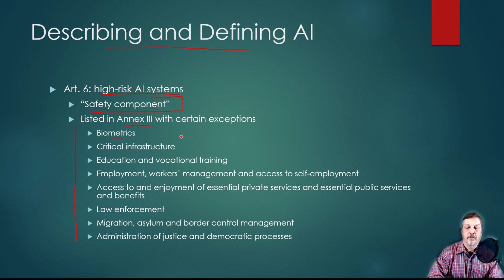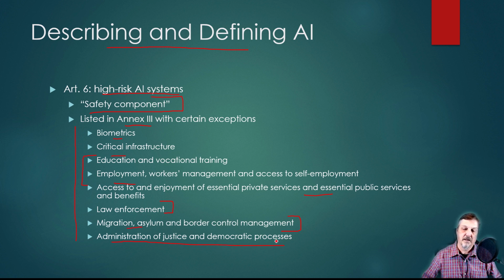Certain biometrics might be prohibited, others are going to be allowed, of course, such as a facial scan or a fingerprint to open your bank account or your phone, but those will be considered high risk. Critical infrastructure, education, training, employment rights. So notice education and employment are considered important categories. Some public services, law enforcement again, and other things considered related to human rights, migration and asylum.